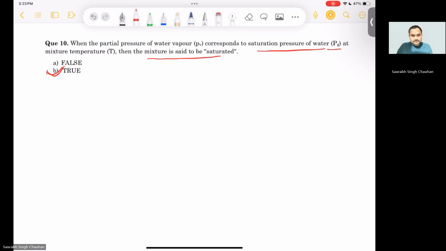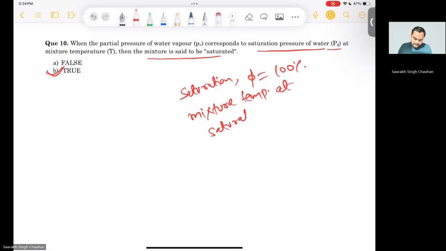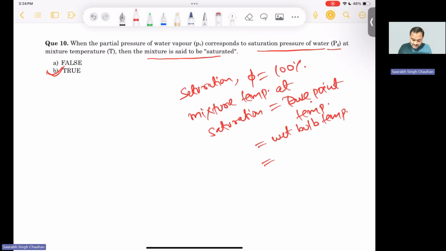Right? This is saturation. And at saturation, we have relative humidity equal to 100%, and the mixture temperature at saturation is equal to dew point temperature, and that is equal to wet bulb temperature, and that will be equal to dry bulb temperature.